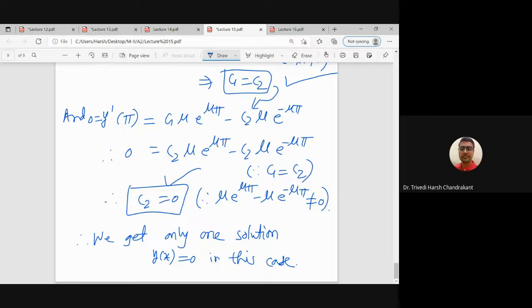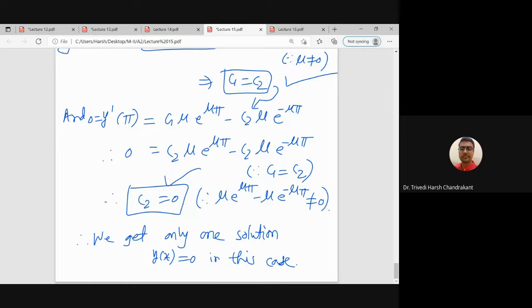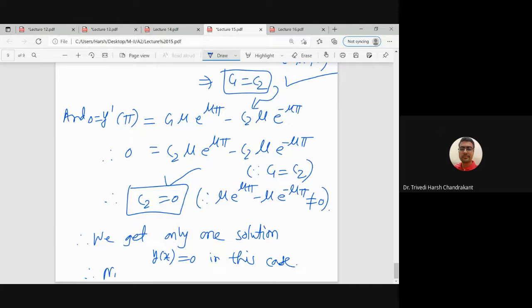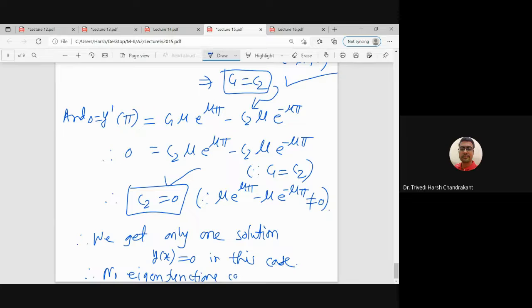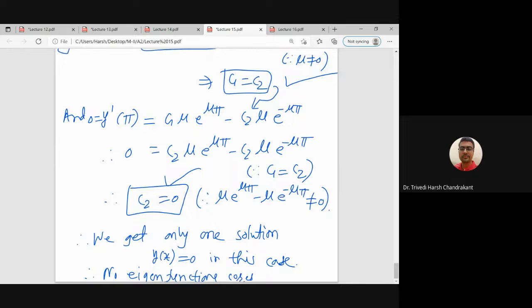And we know that y(x) equal to 0 is not an eigenvector, because it is a zero vector. So that means there are no eigenfunctions corresponding to lambda less than 0.